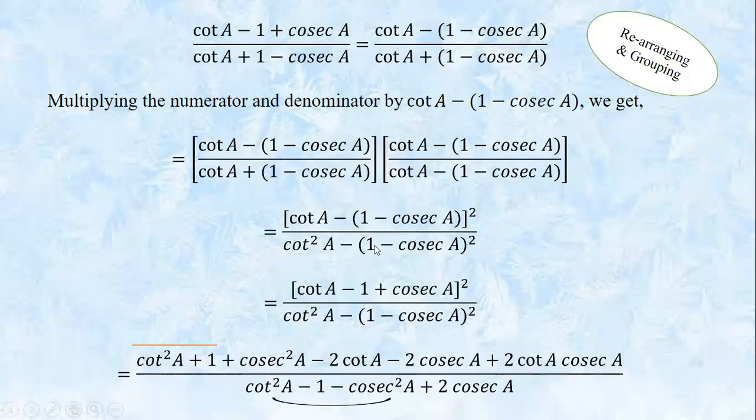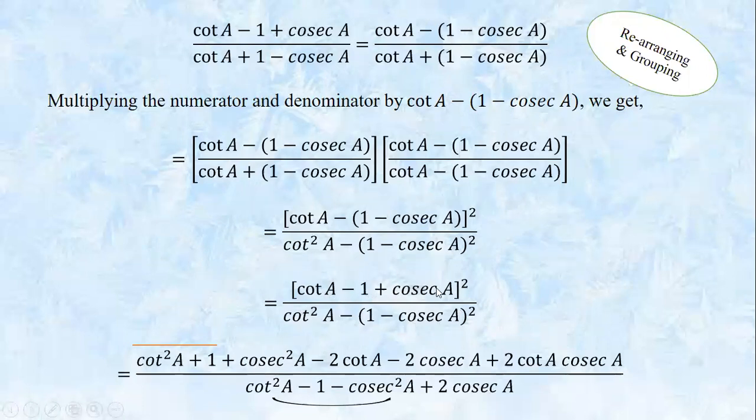So we have cot A minus 1 minus of minus will be plus cosec A, the whole square, divided by cot square A minus 1 minus cosec A the whole square.